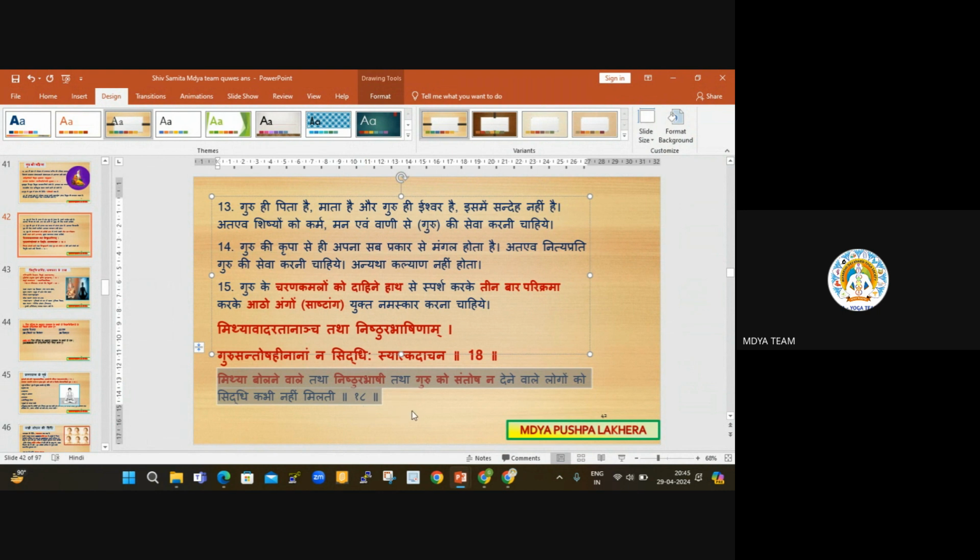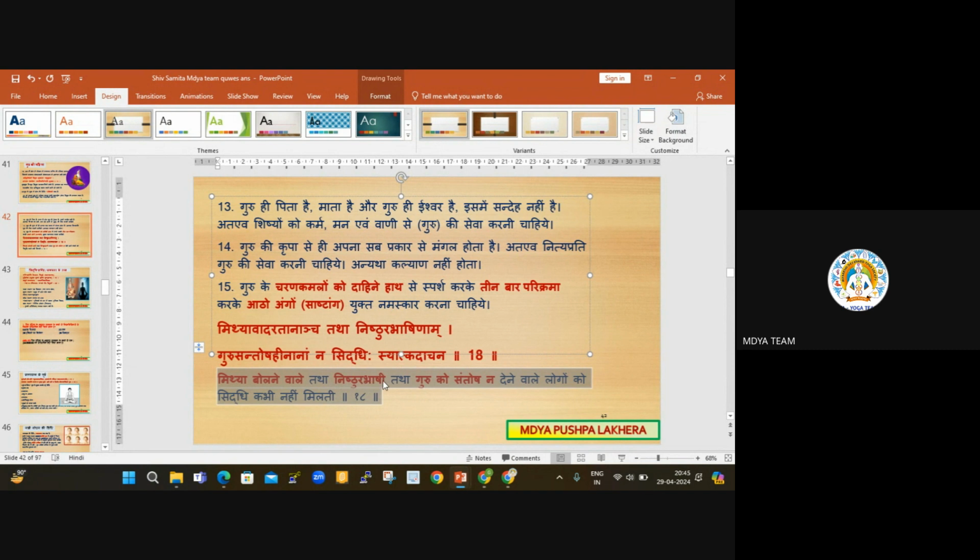Always keeping bad company, they do not get success in this path. And those who are disbelievers, means who do not believe the guru and others, that type of person also does not get siddhi.